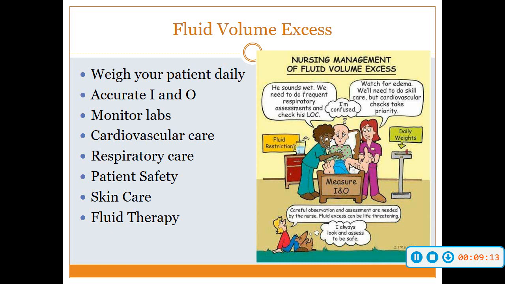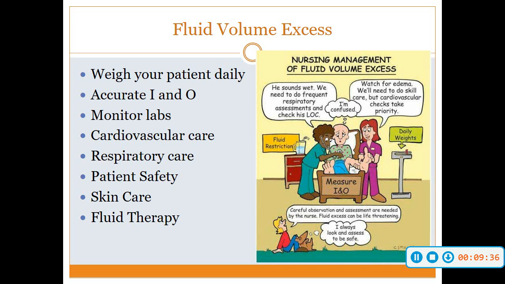So we want to make sure that everybody's doing it consistently so we have accurate weights. Okay, accurate I's and O's. Everything that goes in: oral, IV, NG, rectal, if you give a rectal enema. Everything that comes out: urine, if they're excessively sweating, very diaphoretic, lots of sweat.